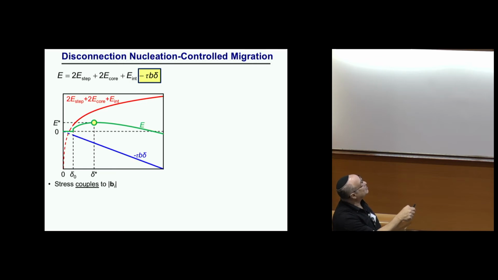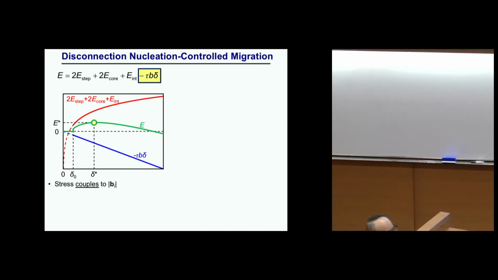This is the mechanical work term, this one you're adding. It's linear in separation, delta. If I add it together, I get a barrier. And that's the nucleation barrier for the disconnections. And I can change that barrier dramatically just by changing the stress. Okay?